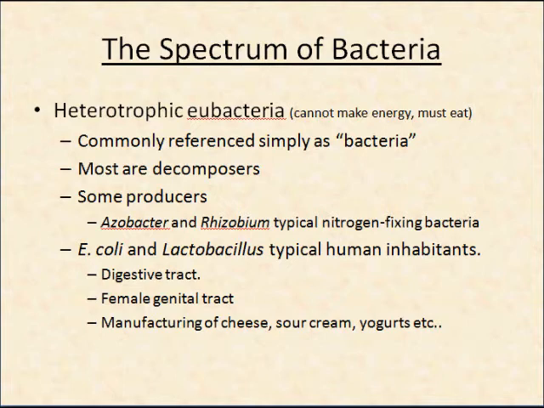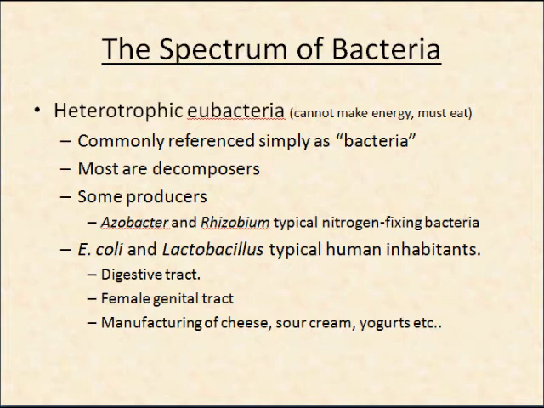Some are producers, such as azobacteria and rhizobium, and these are some examples of nitrogen-fixing bacteria. There's also E. coli and lactobacillus, which are typical human inhabitants. We have those in our body. E. coli is in the digestive tract, makes up a large portion of fecal matter.